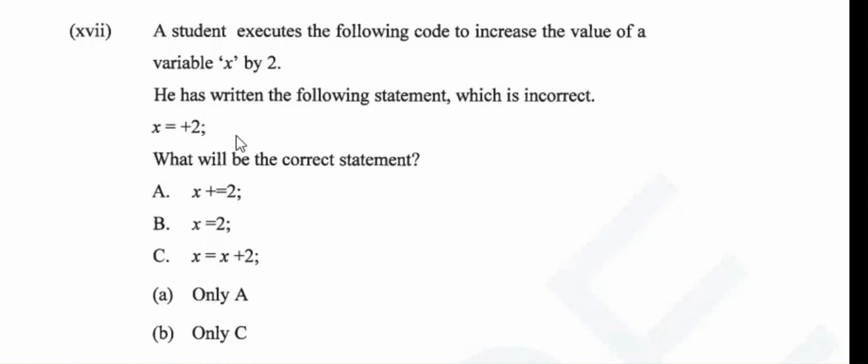That means x = x + 2. So this is the shorthand operator, and this is the direct expression to increase the value by 2. So A and C both are true. Both A and C, option D is correct.